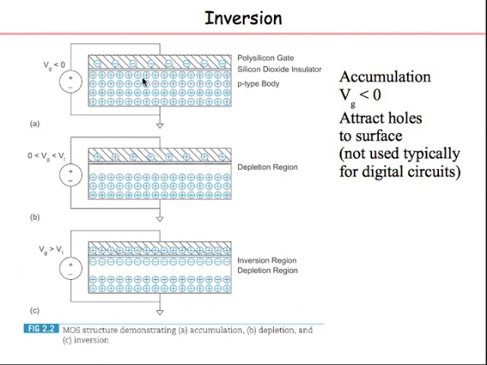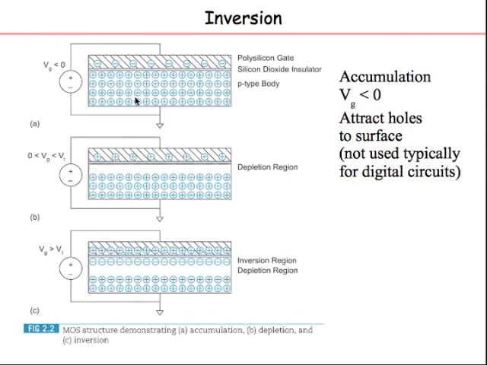What you have here is a P-type body, and its state depends on the actual potential.